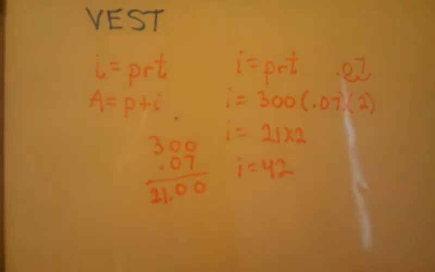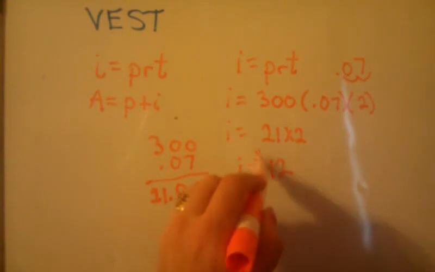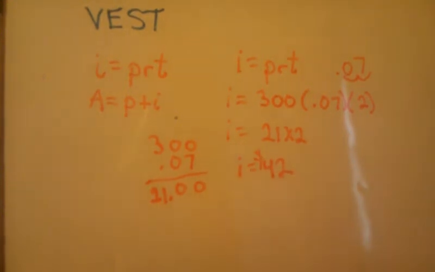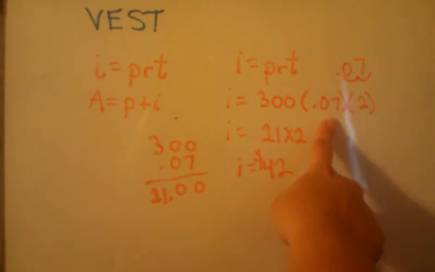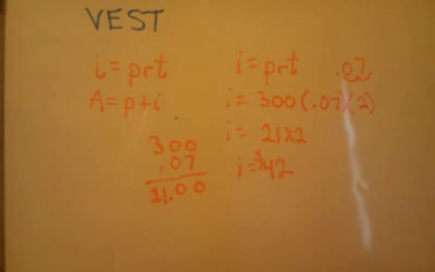And this is dollars, so my answer is $42. Okay? Don't forget, in order to multiply percents, you have to change them to decimals first. Okay, go to number 2.